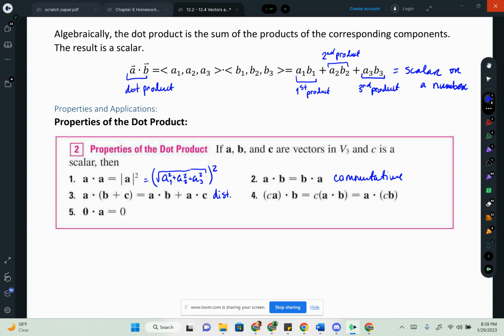We could just pull that constant out in front of everything and do the dot product first and then multiply by C, or we could bring C over to B and do A dot CB. However we do it doesn't really matter. This is an associative property. And then A dot 0 is going to equal the zero number, not the zero vector, but the zero number. That's just showing the power of the zero vector there.